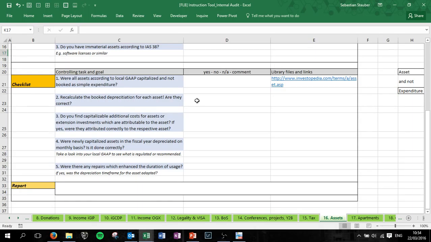You could use the machine for 3 years, then it was damaged, you repaired it, and afterwards you can use it for another 5 years. Then you need to adapt the depreciation according to the new time frame. This will most likely not be the case in an AIESEC entity, just in case you have something like that. Good. We are an exchange organization and we have no machines, normally speaking.